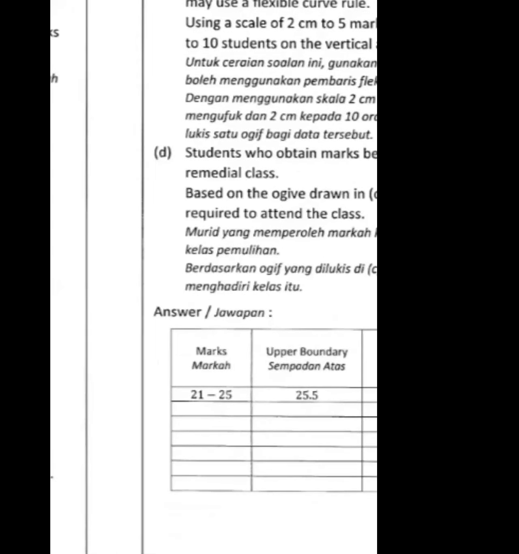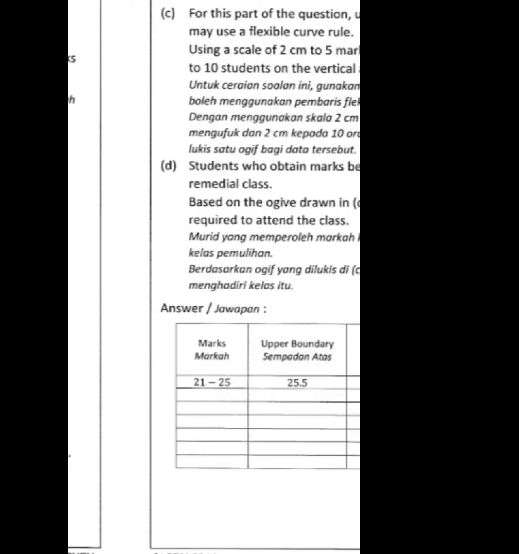For the second column, you just write back the same: 26, plus 4 equals 30, right? Then 26 to 30 is the class interval for the second column. And the third one is 31 to 35, like that.